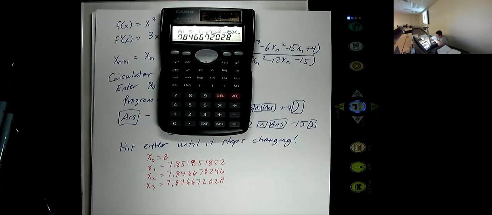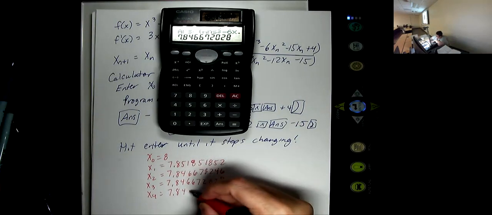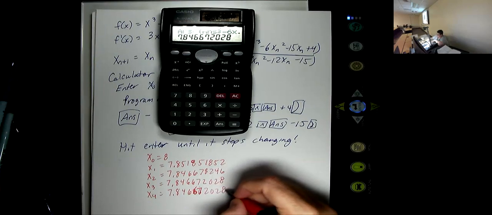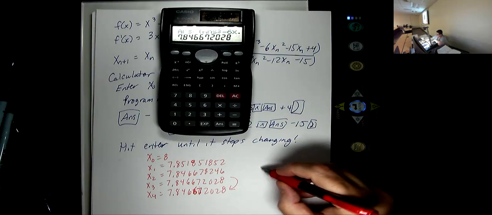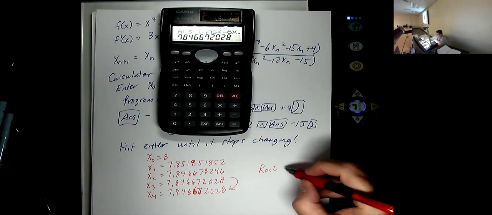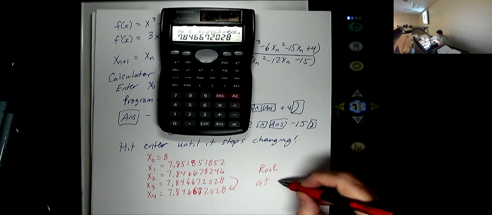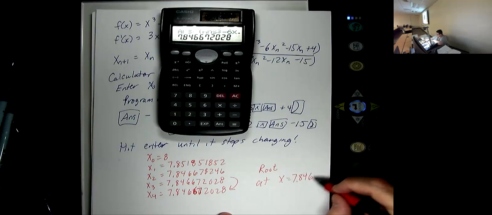And I hit it again, and x sub 4 is actually getting me the exact same value. 667 2028. So these two are the same value. I must have a root there. A root is at x equals 7.8466672028.